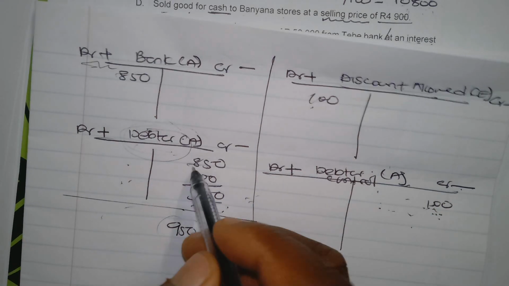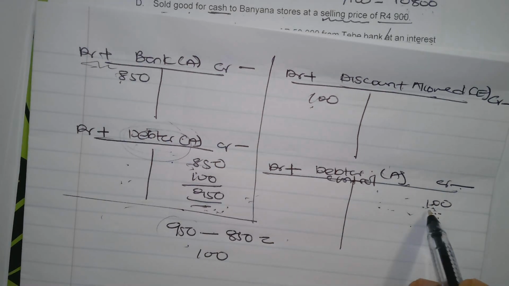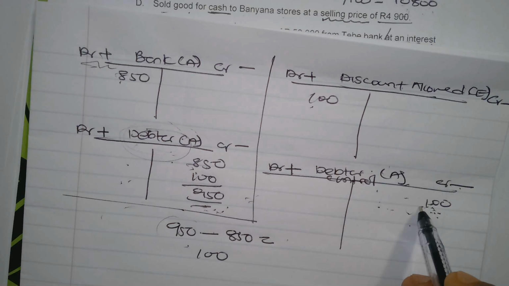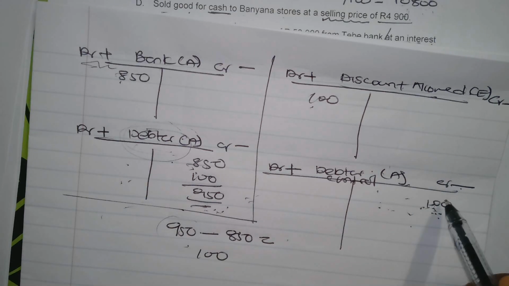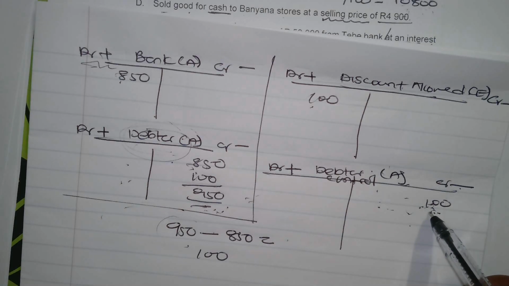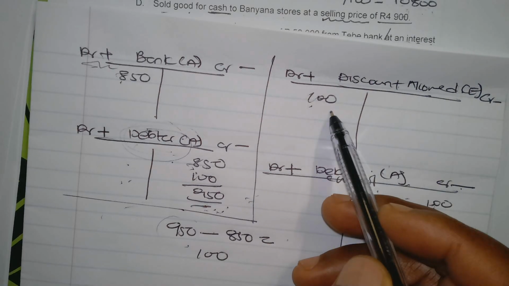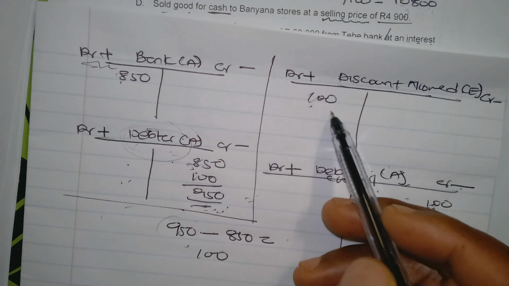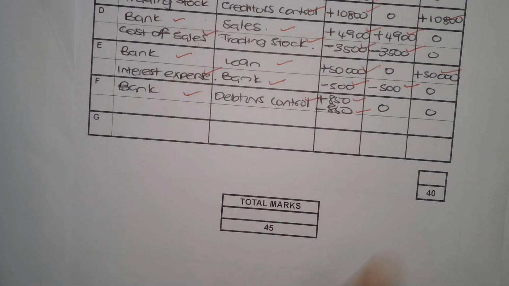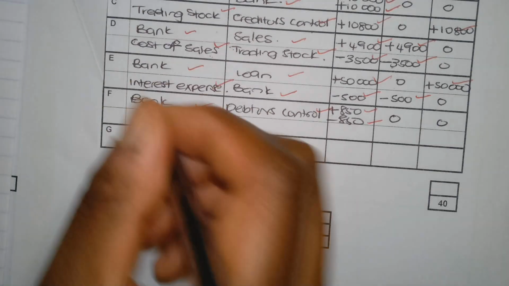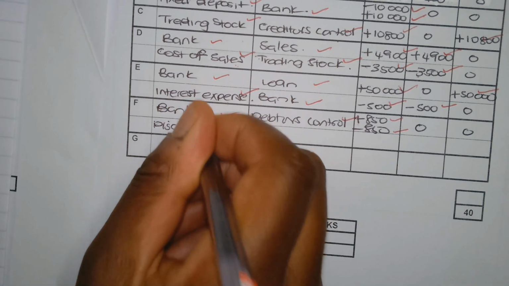The first 800 we as a business received. The second amount, 100 rand, is the discount, the amount that we gave off, or the amount that we said, okay, it's fine, you can take. And then as a business, we have suffered an expense. Can you see? So we'll say the account debited is discount allowed.